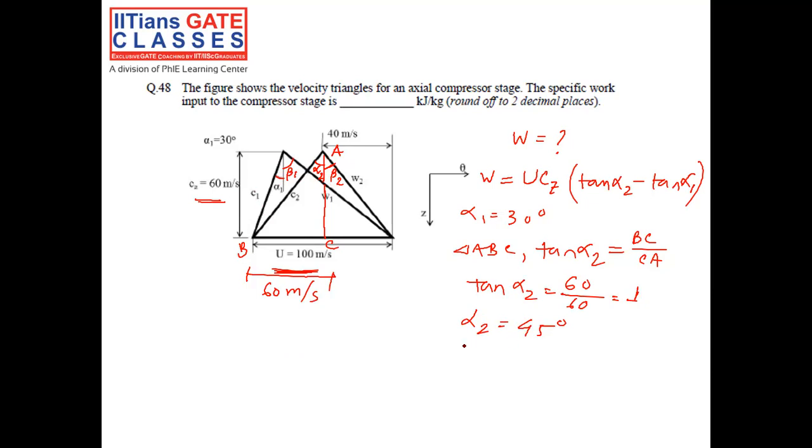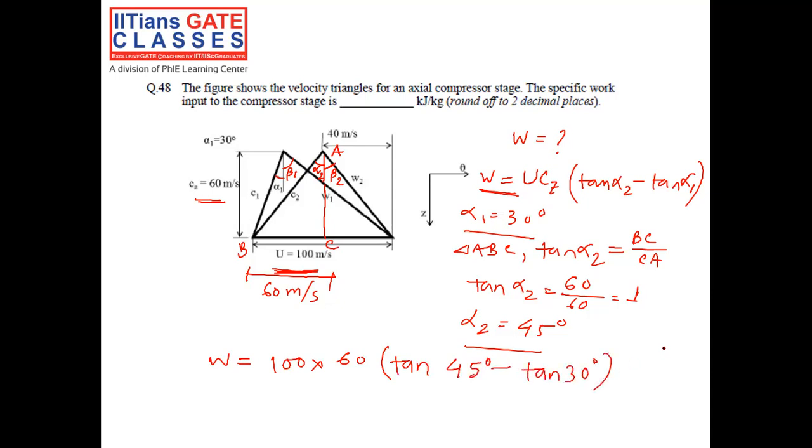So substituting these values of U and Cz in the equation of work input, we get 100 multiplied by 60 times tan of 45 degrees minus tan of 30 degrees, in joule per kg.